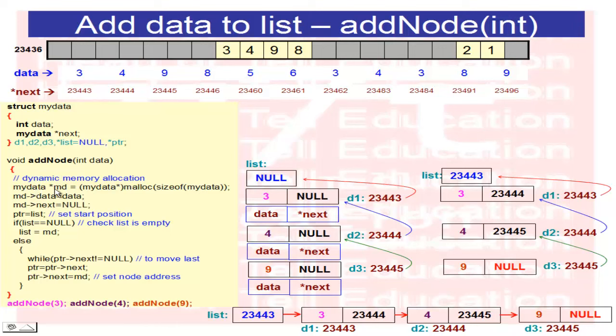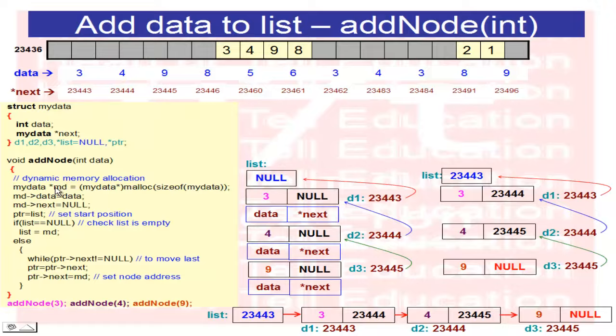So my data pointer equals malloc size of my data. This function is for dynamic memory allocation. Okay, malloc. So in memory any place that is free or unused is allocated to my data pointer.